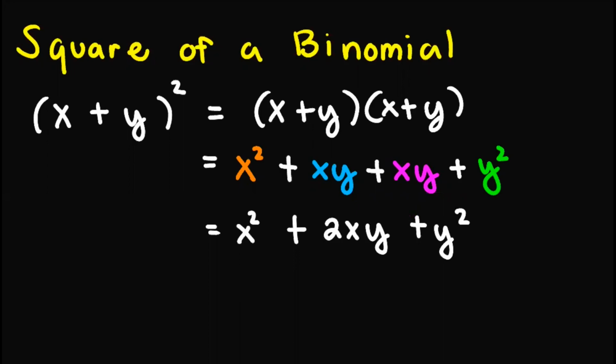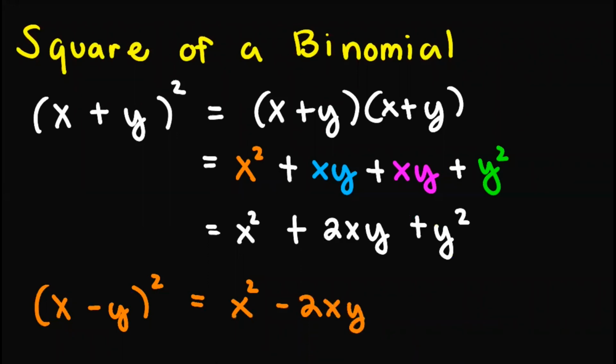And so we take note of this one. As an exercise, you can verify that x minus y squared is equal to x squared minus 2xy plus y squared.